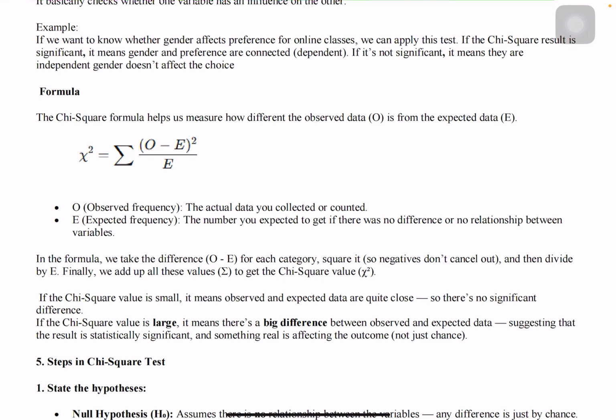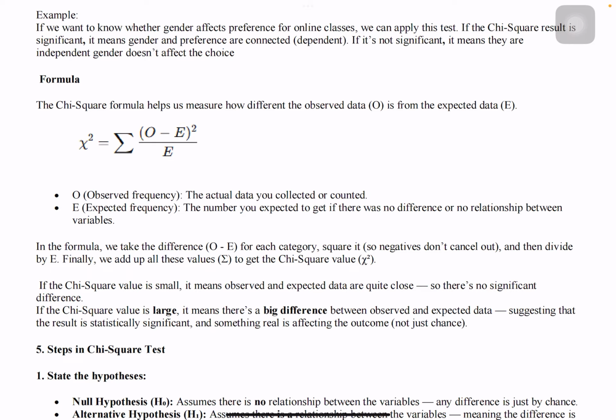Formula. The chi-square formula helps us measure how different the observed data, O, is from the expected data, E. X square is equal to sigma (O minus E) square divided by E. O is the observed frequency, the actual data you collected or counted, which is given in the question.